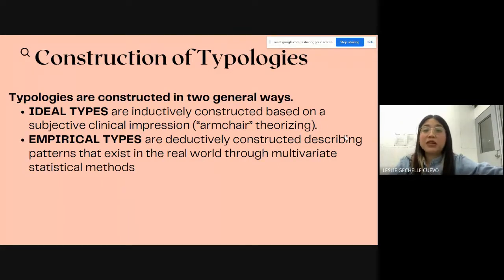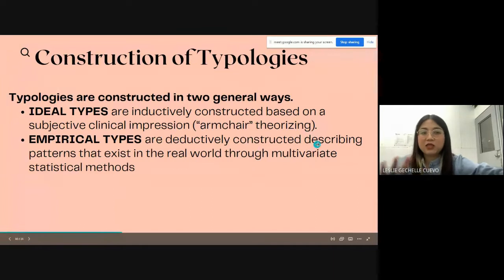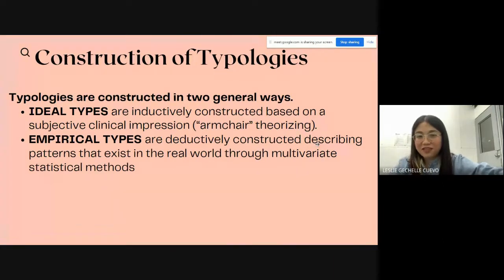And then we have empirical types are deductively constructed, describing patterns that exist in the real world through multivariate statistical methods. So you conduct researches and you analyze them through statistical methods. Kapag nag-research na kayo, mas magigets nyo kung anong ibig sabihin dito sa mga multivariate statistical methods na yan.